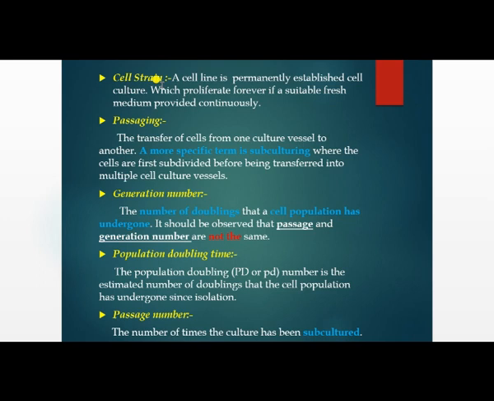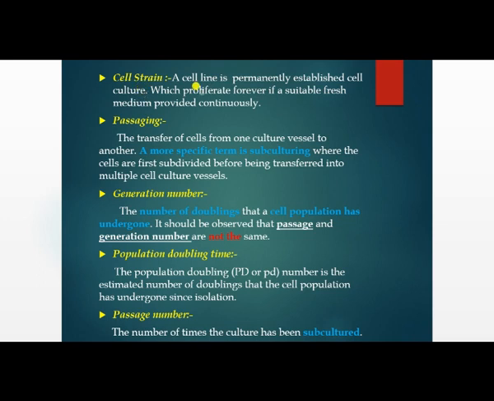Next, cell strain. What is meant by cell strain? A cell line is a permanently established cell culture. Here it means cell lines we are storing permanently. This is the established culture, permanently established cell culture.